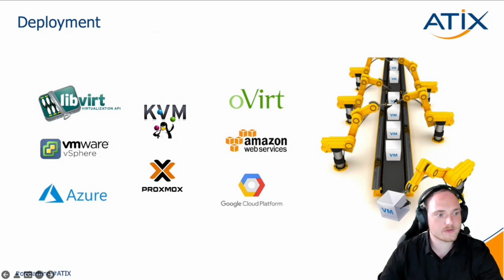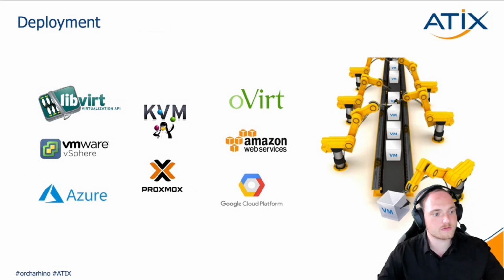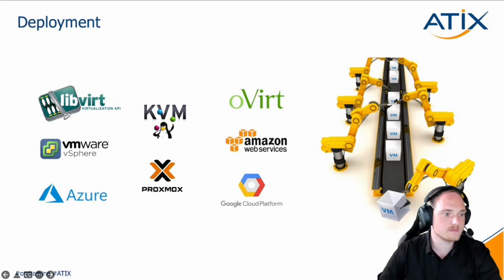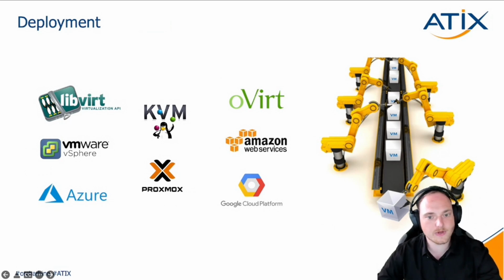Maybe you have some hybrid clouds. You have a VMware cluster internally and some Proxmox servers or cluster, and also some VMs in AWS, Google Cloud, or Azure. So if you do these things manually again, you say, okay, I get a ticket.